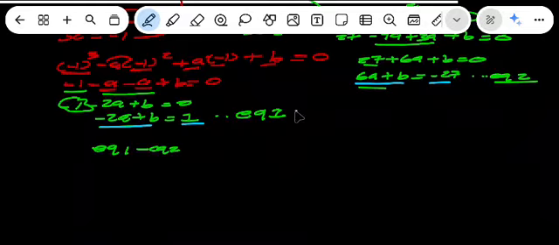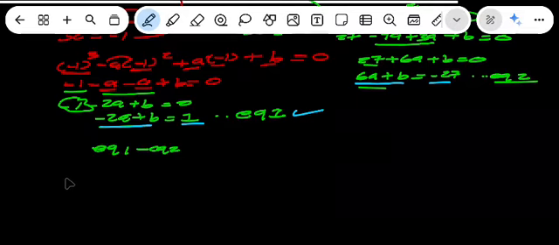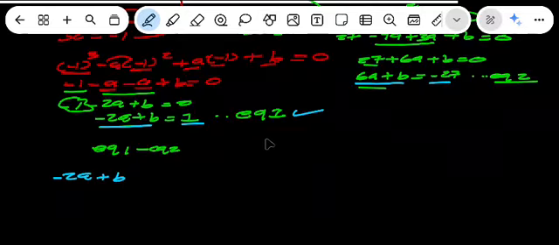Here it's equation 1. The left hand side of equation 1 is negative 2a plus b, as you can see there. What about subtracting equation 2?